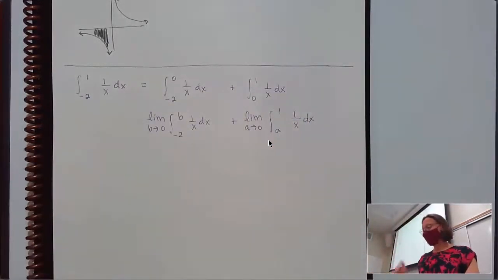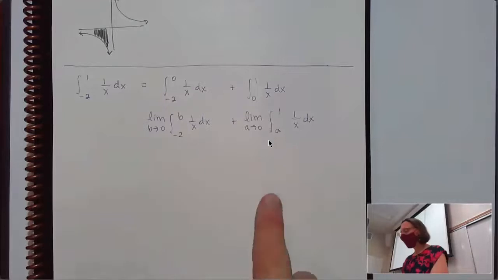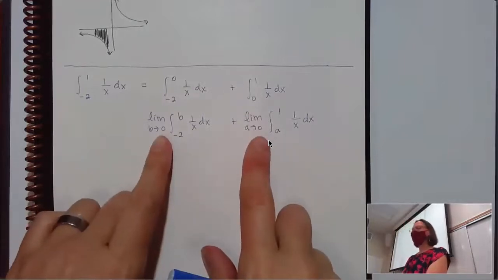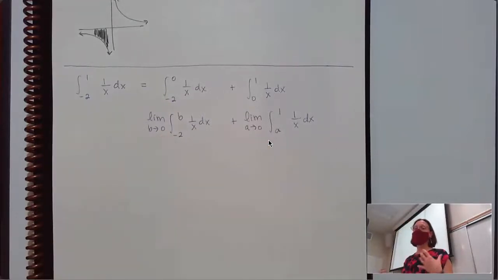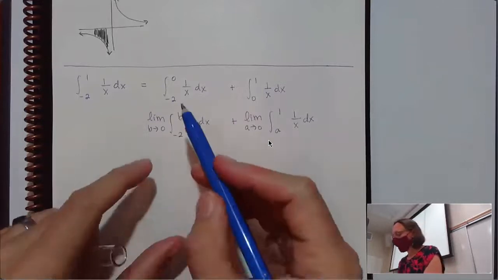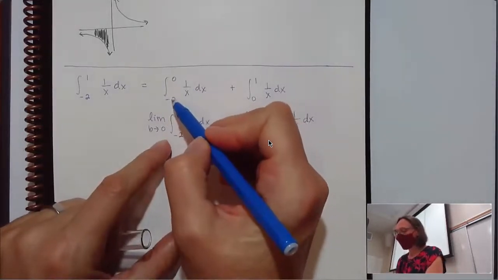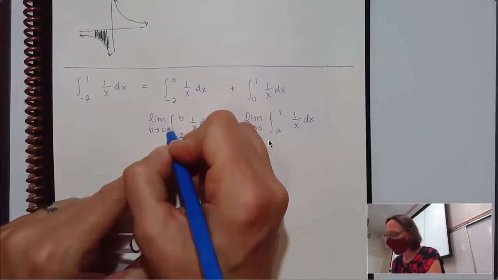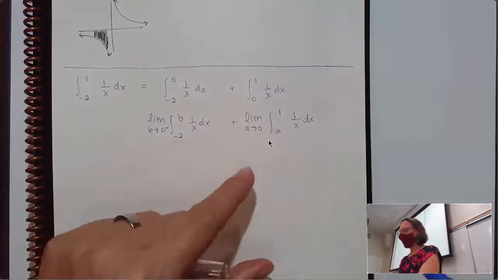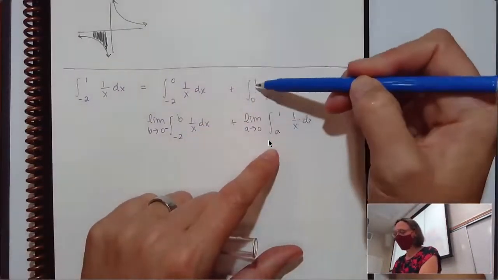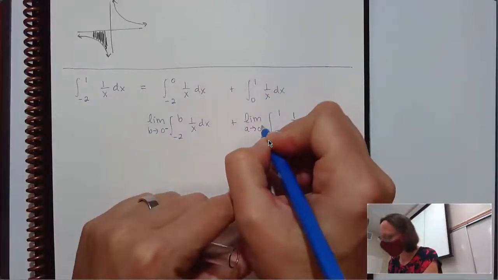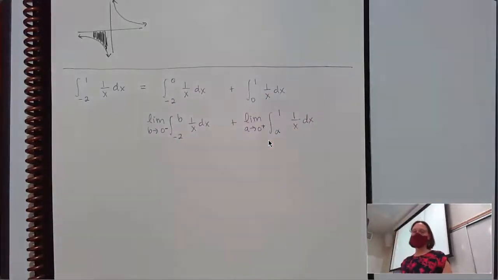There's another subtle thing here. On both of these, we really should be careful about which side we're approaching 0 from. All of the numbers between -2 and 0 are on the left-hand side of 0. And all of the numbers between 0 and 1 are on the right-hand side of 0.